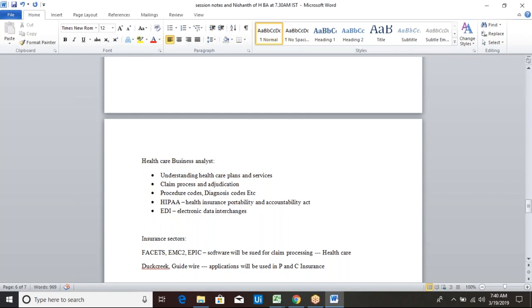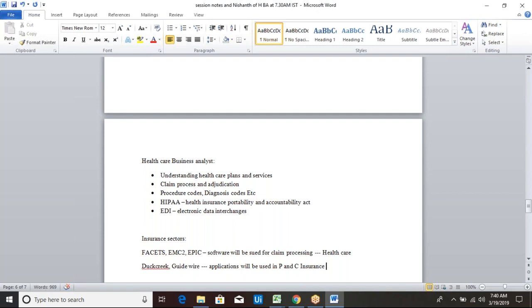So these sorts of applications need some updation from time to time, right? New features and functionalities need to be added based on the changes in the business operations that happen in that respective enterprise.